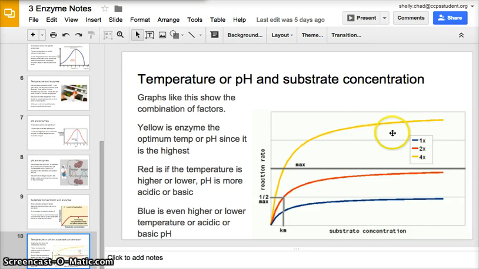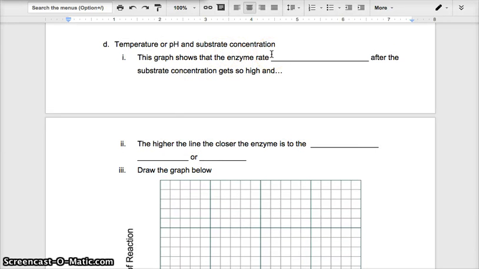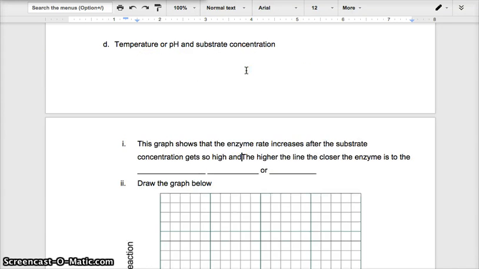Same with pH. This one would be the one at the best pH. This one's more acidic or basic, and this one's very acidic or basic, so it's not going to work as well. So the graph shows that the enzyme rate increases after the substrate concentration goes high, and then levels off.